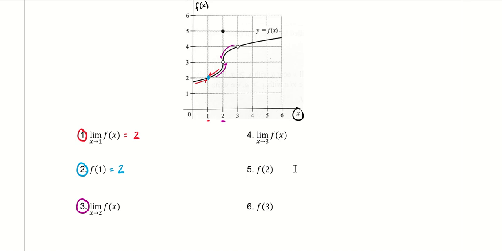Do I care about the fact that there's an open circle there? No, I do not care. I just care about what the function is doing as I get closer to 2. So even though there's an open circle there and a filled-in circle up here at 5, my limit is not going to be 5, it's going to be 3. It's the value that the function looks like it's getting closer to as we get closer to 2.